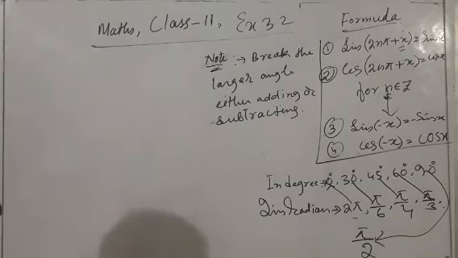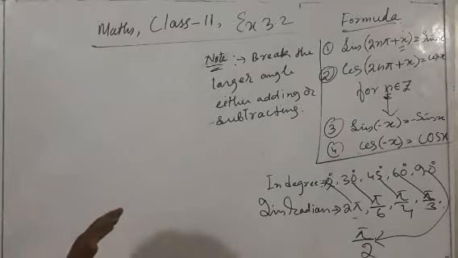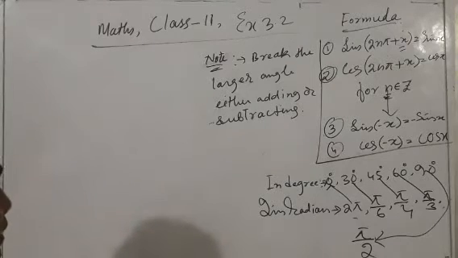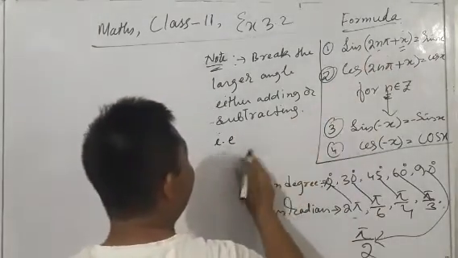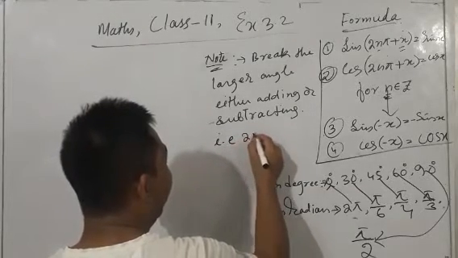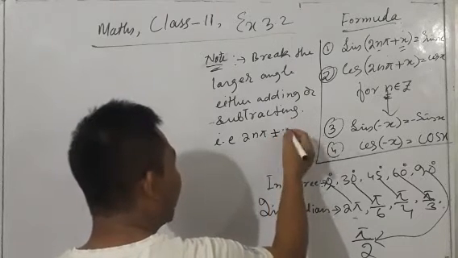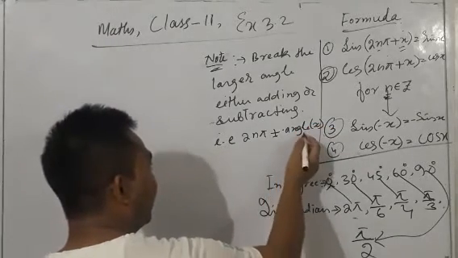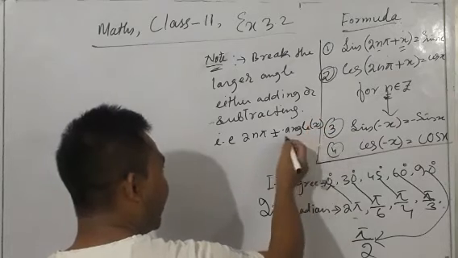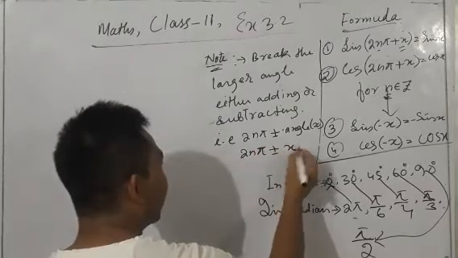So when an angle is given, we have to break it in two ways, either adding or subtracting, with the help of this formula: 2n pi plus minus x.